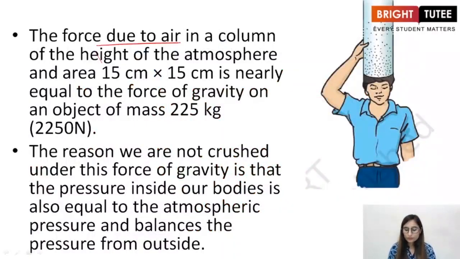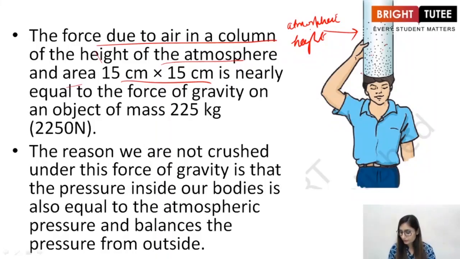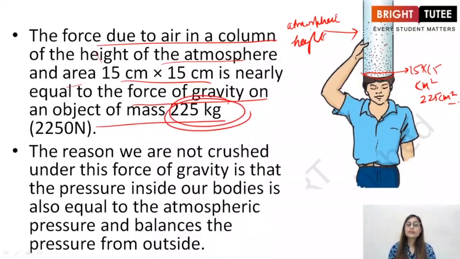So it's the force due to the air. Look at this diagram, a column of the height of the atmosphere. We have taken the column which has the height of the atmosphere, and the area is 15 centimeters by 15 centimeters, which is 225 centimeters squared, equal to the force of gravity on an object of 225 kg.